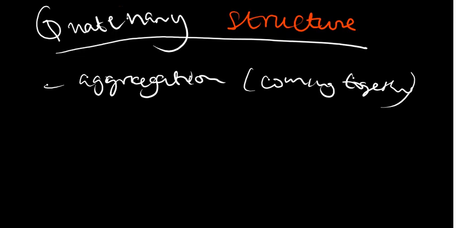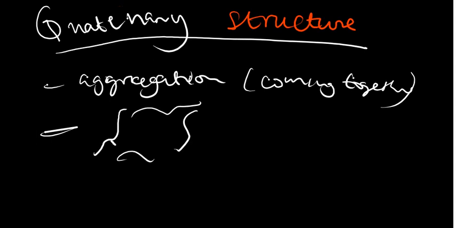So when these chains are held by hydrophobic interactions, hydrogen bonds, and ionic bonds, these are the proteins in the quaternary structure. For instance, if this is a polypeptide chain, there's another one here and another one.